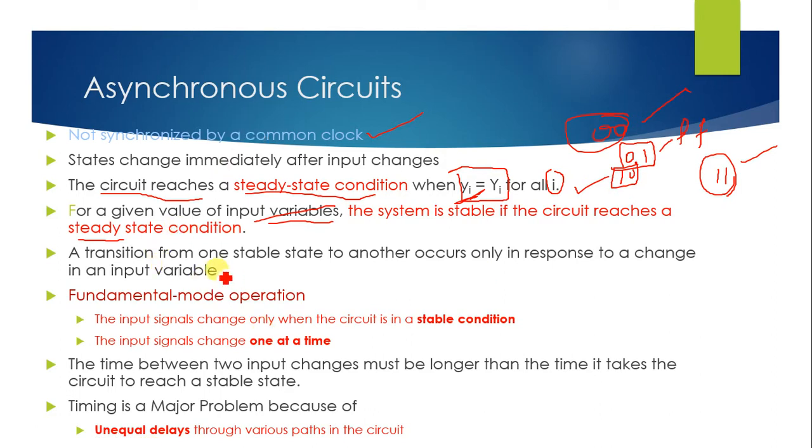So transition from one stable state to other occurs only in response to change of the input variable. Look at this point, which is transition from one stable state to other occurs only in response to the input variable.